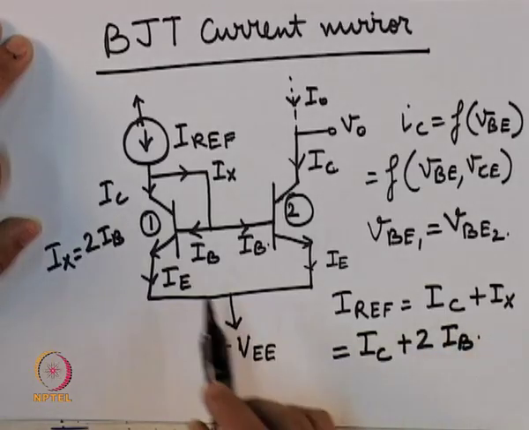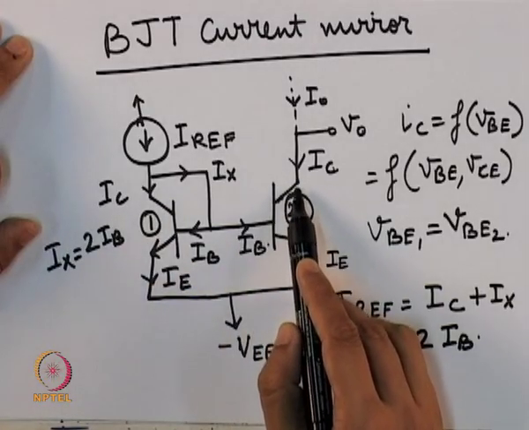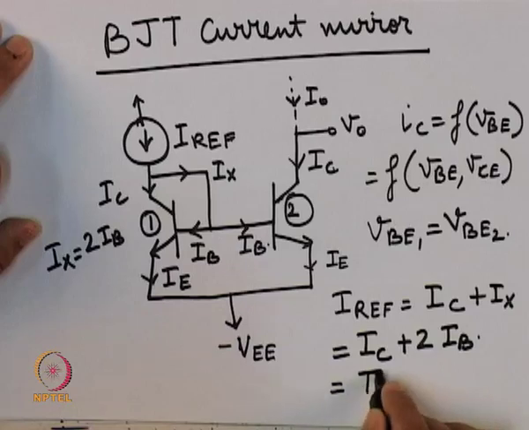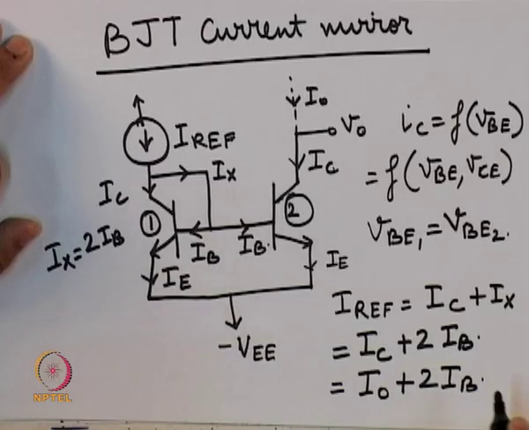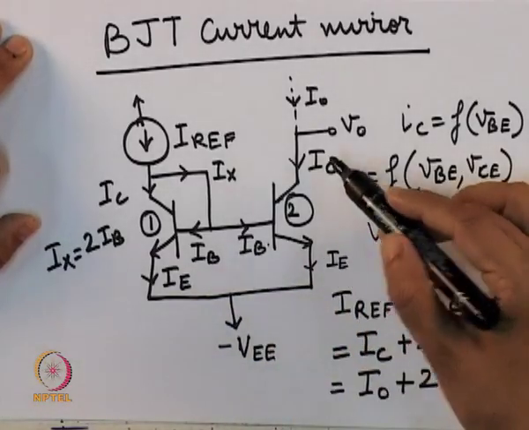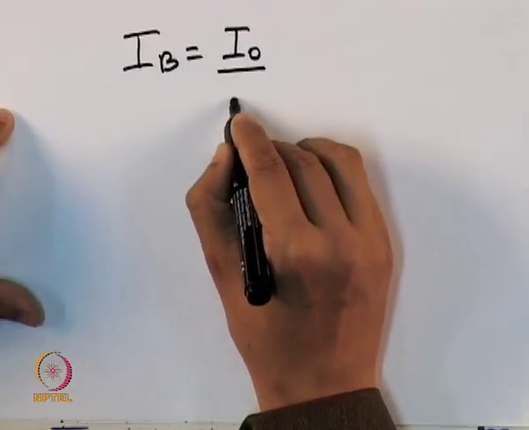Now IC is equal to the collector current of this transistor, which in turn is equal to I0, so I can replace IC with I0. IB in turn is a function of IC, and is given by IB equal to I0 upon beta.